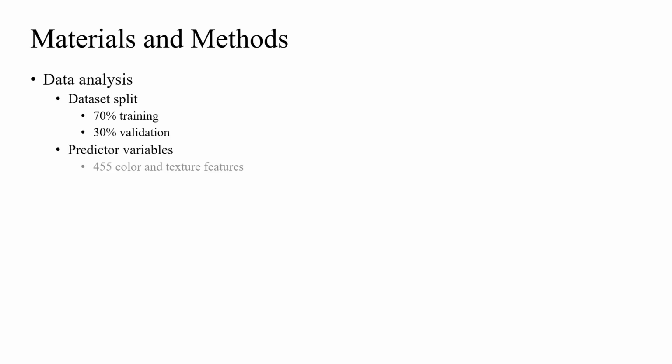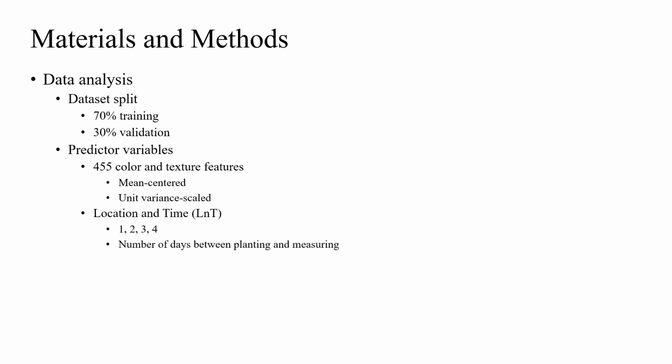For data analysis, the entire dataset was randomly split into 70% segment for model training and 30% segment for model validation. The predictor variables for modeling included the 455 color and texture features, which were normalized by mean centering and unit variance rescaling before modeling, and 2 additionally introduced variables, location and time, where location represented the 4 soybean plot growing locations, and time represented the number of days in between the planting date and the measuring date.